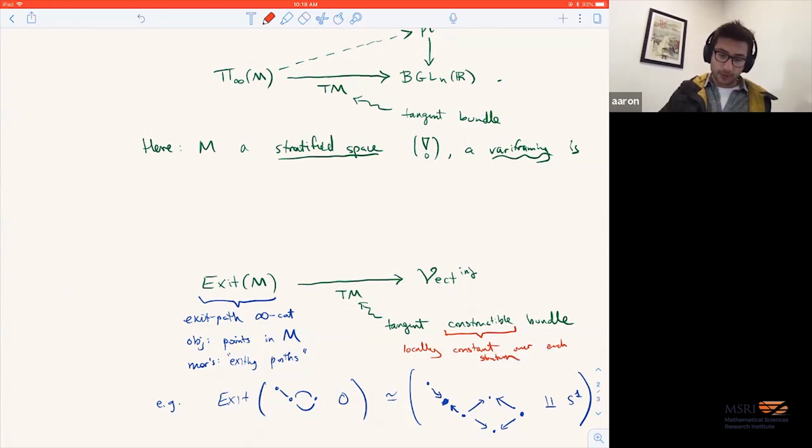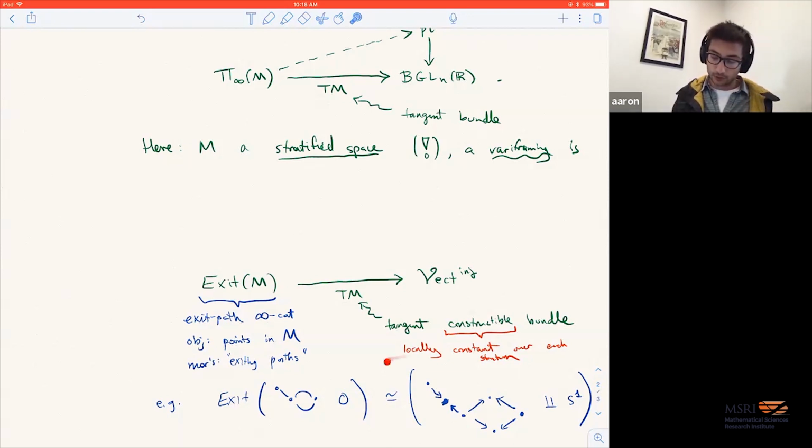So just looking down at this stratified space right here, you can imagine what this functor does. Well, it takes, for example, this object, that's a zero-dimensional stratum, and it takes it to the tangent space of that stratum, which is just the zero-dimensional vector space. And then on a one-dimensional stratum, it goes to a copy of a one-dimensional vector space, and so on.